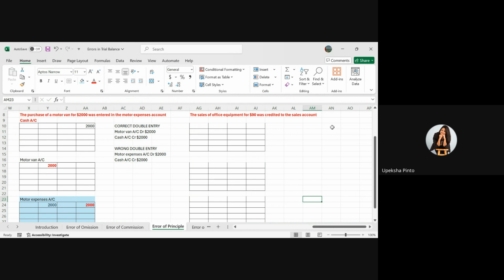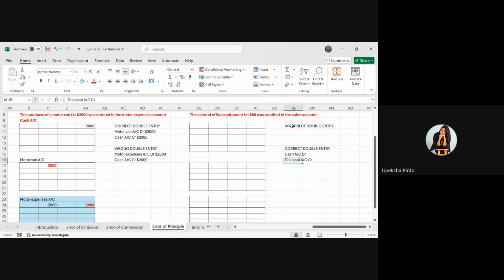First we have to identify what is the incorrect double entry and what is the correct double entry. The sale of office equipment for $90 was credited to the sales account. Once you're selling, you get money, so it should be cash account debit, and I'm selling a non-current asset, so it should go to my disposal account as credit.